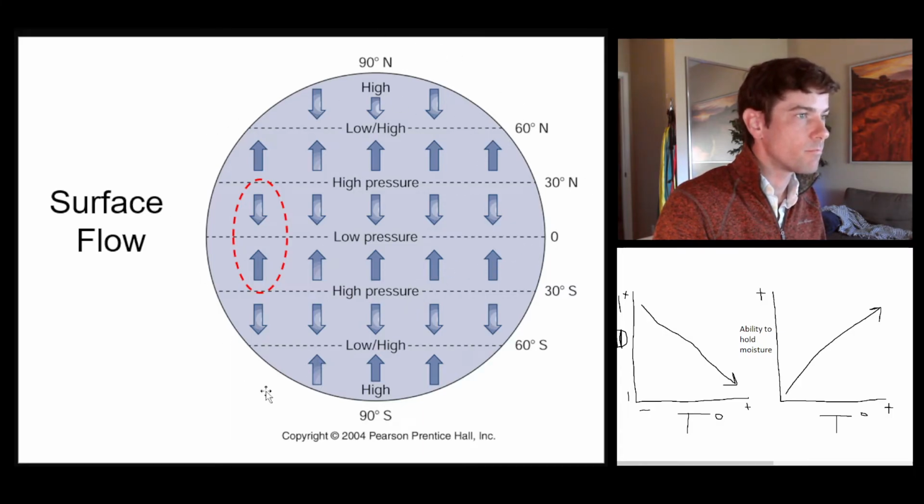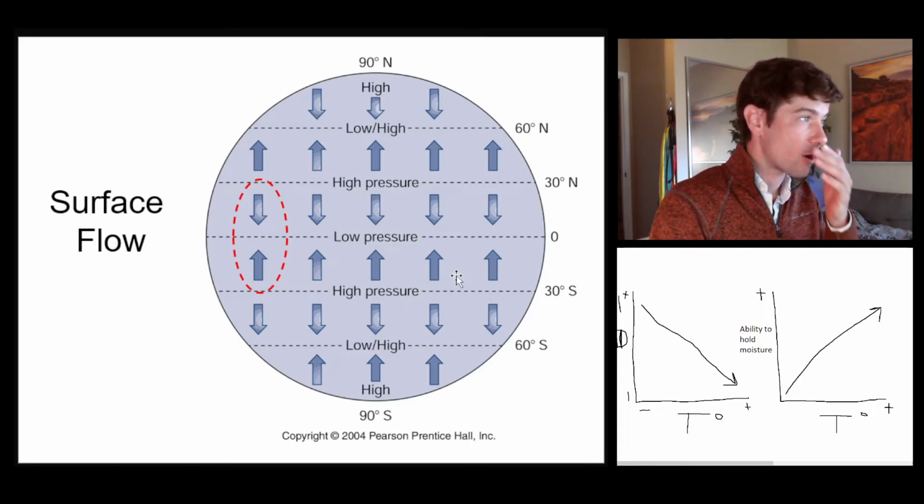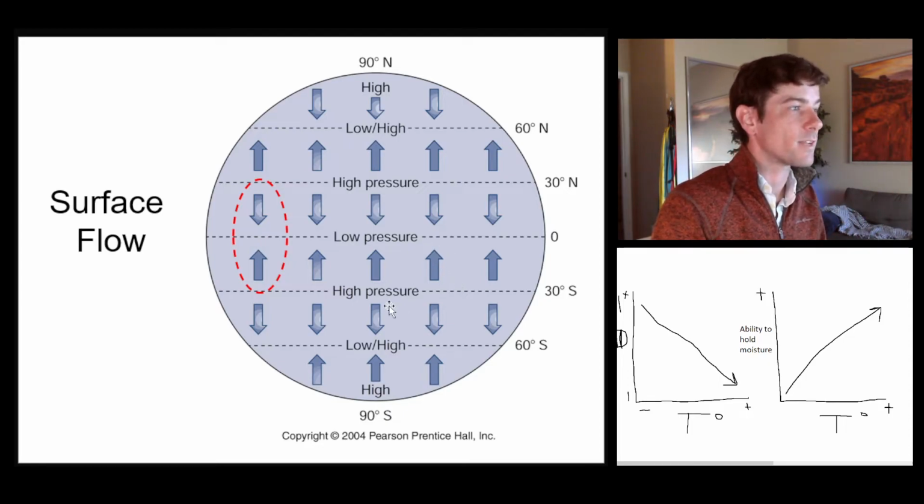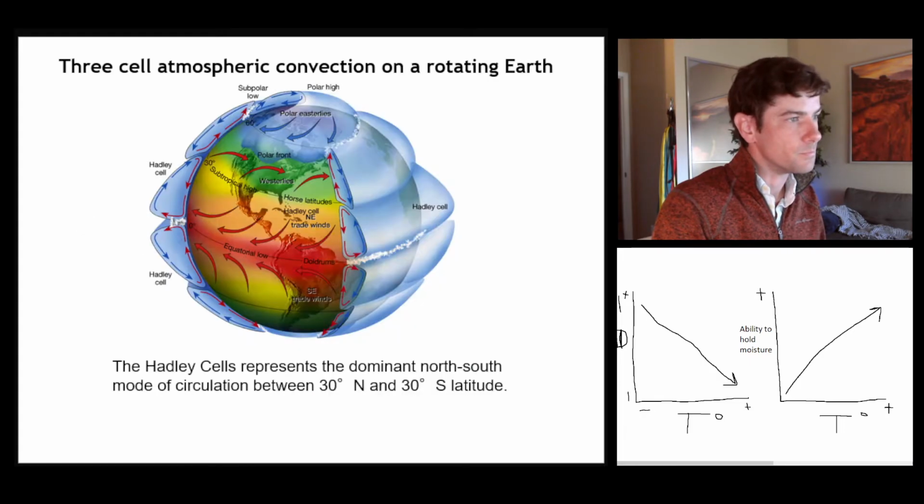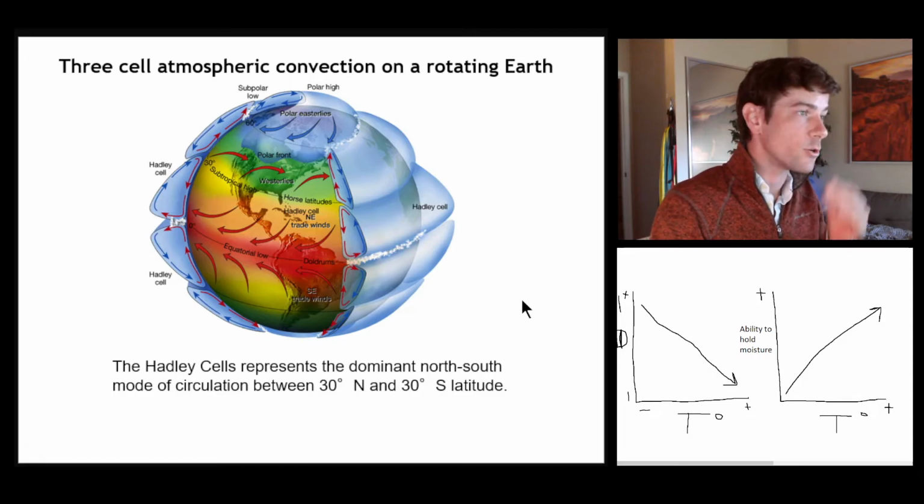If what I've said so far was the whole story, which it unfortunately isn't, we have to add one more layer of complexity to this until we arrive at this, which is really the most generalized, introductory level depiction of the atmospheric circulation that you could make.